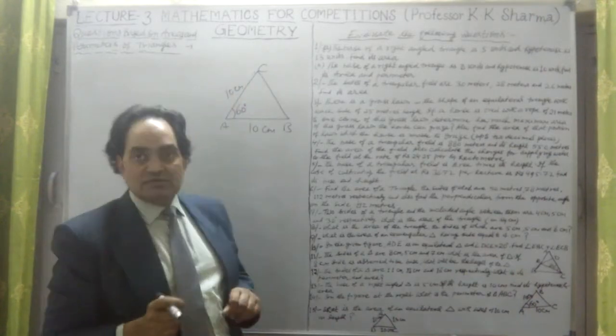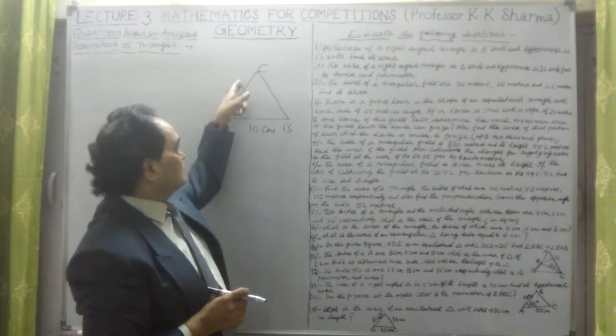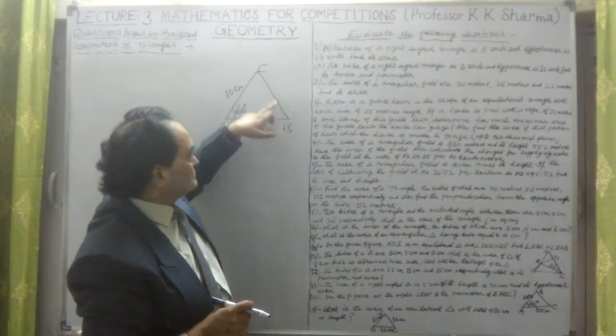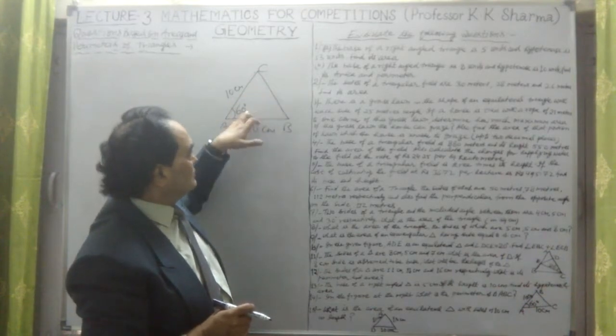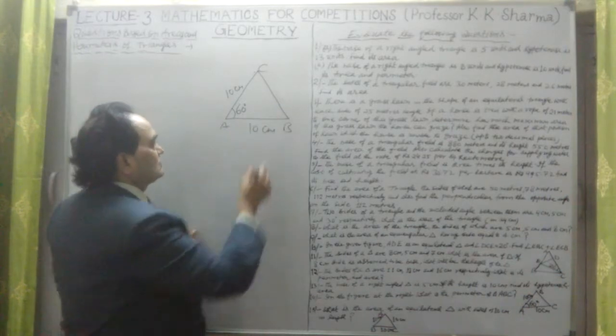What we see here is that there is a 60 degree angle in between, and these two sides are equal, so these two angles are also equal. The sum of these two angles is 120 degree, because 180 minus 60 is 120.